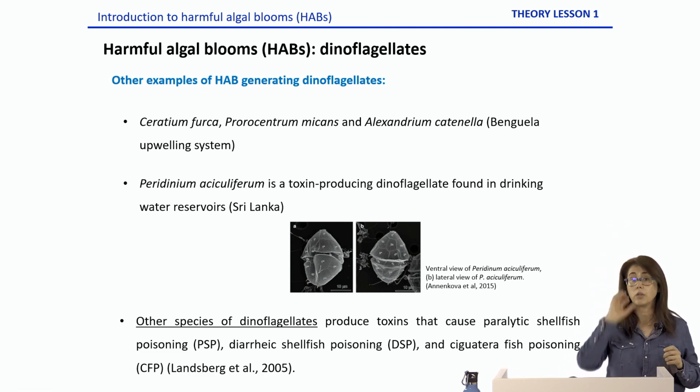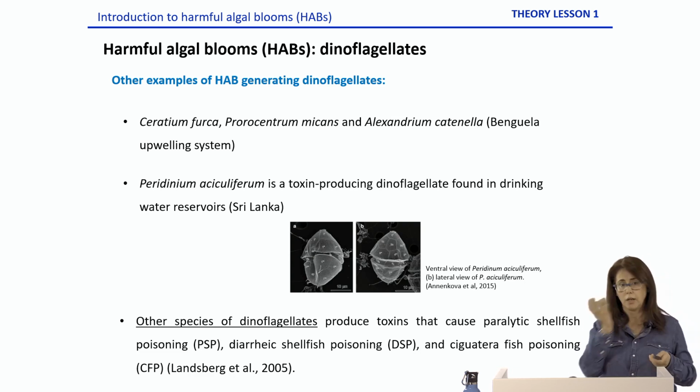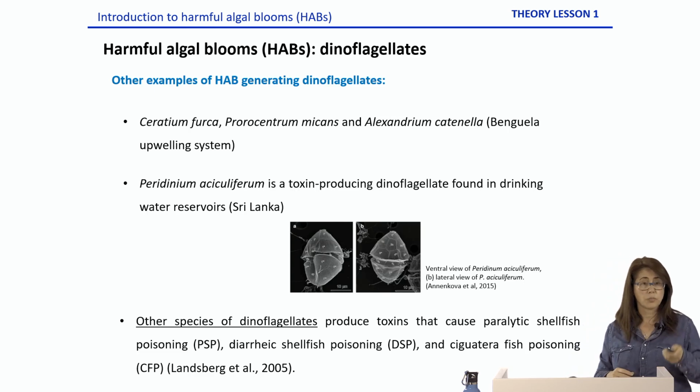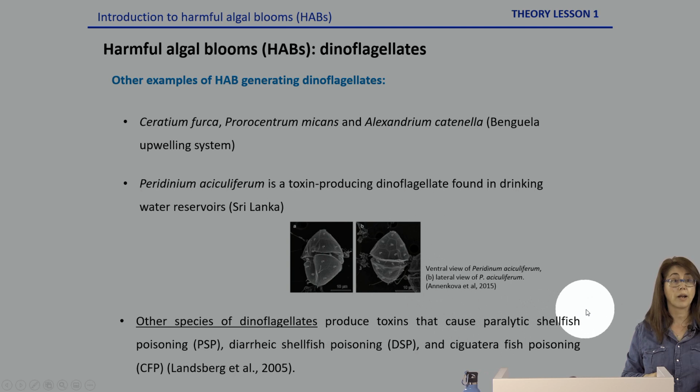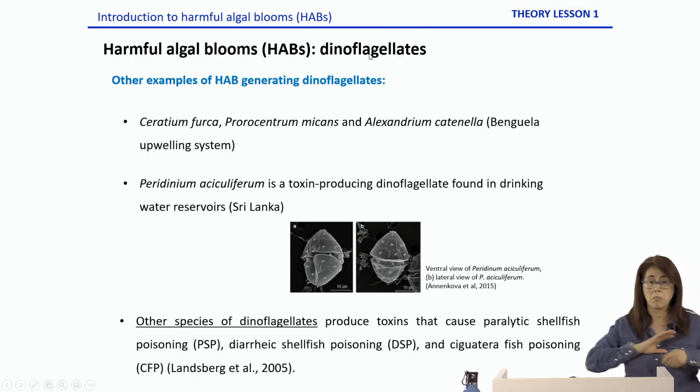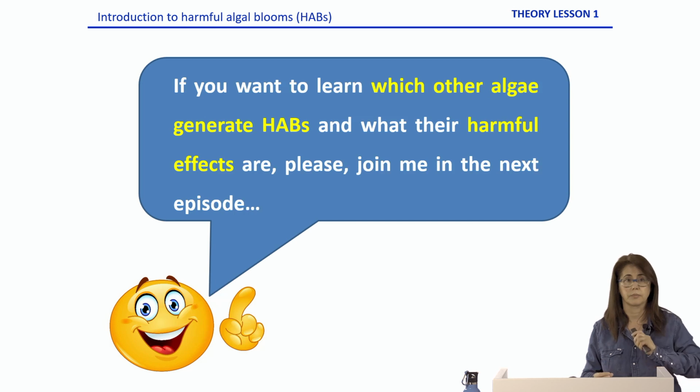It is only found in certain regions of the upwelling. And other species of dinoflagellates can produce toxins that can cause paralytic shellfish poisoning, or diarrheic shellfish poisoning, ciguatera fish poisoning. So there are many species of dinoflagellates that can produce toxins.